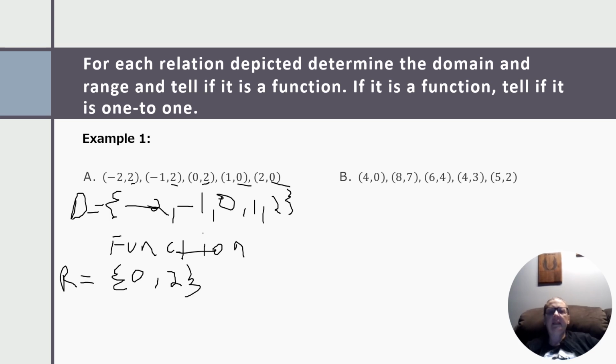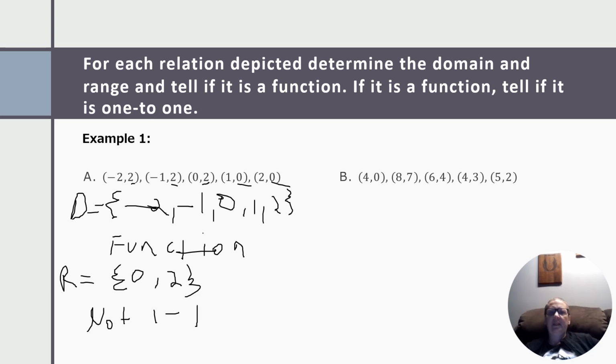So that means this thing is not one-to-one because each of those y values came from more than one x value. 0 came from both 1 and 2. 2 came from 3 different things. If it was just one of them, it would be fine. It's still not one-to-one if any y value is paired with more than one x value.